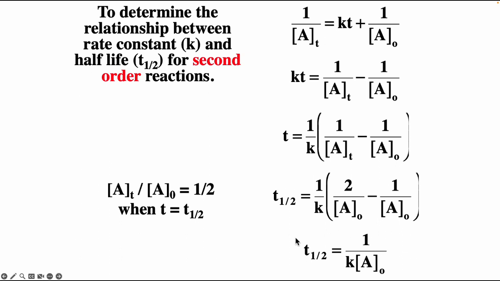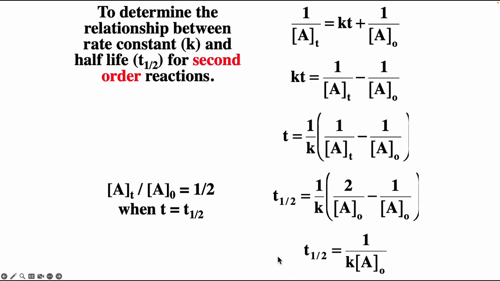Now, I do not like the idea of having a half-life for a second order process, because notice that the half-life for a second order process depends on the initial concentration, right? For a first order process, the half-life is independent of the concentration. So for a first order process, after one half-life, you'll have half as much no matter how much you start with.